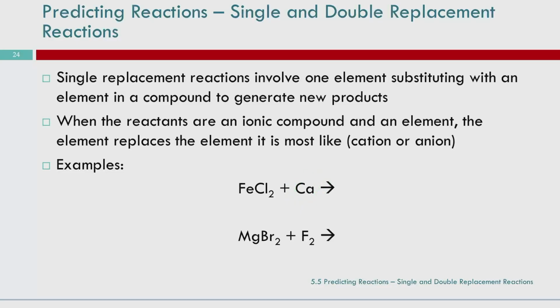So we need to look at the calcium and figure out whether it's more like the Fe, the iron, or the Cl, the chlorine. So what kind of element is calcium? Or what ion will it form?